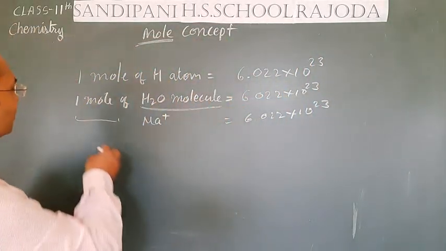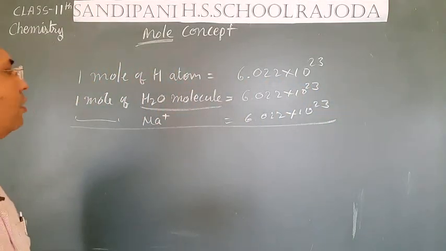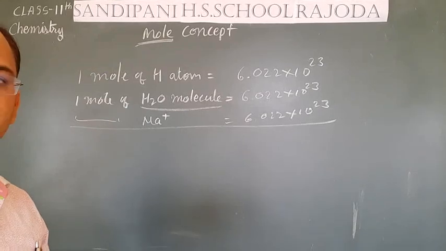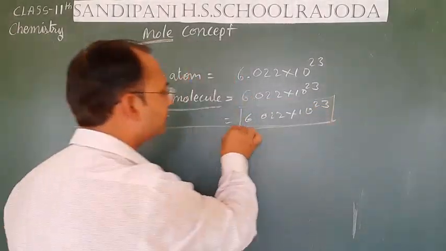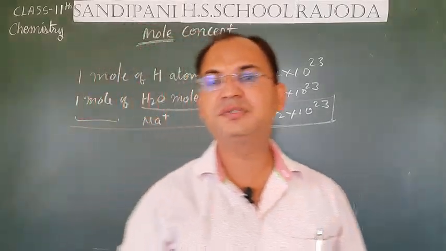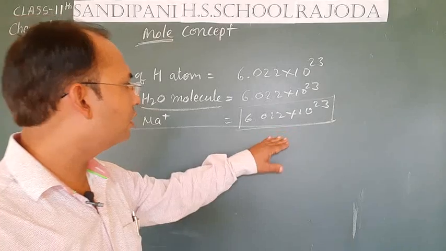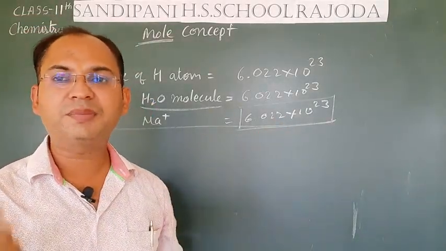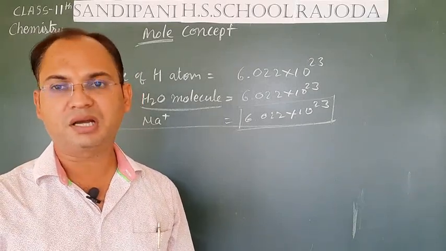So this is about the mole of particles. If we consider this number of particles as the mass of the substance, then this mass is equal to the number of particles present in 12 gram of the carbon atom.